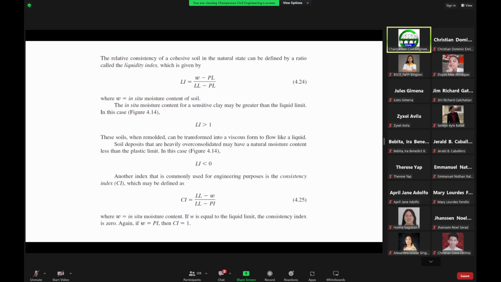of the groundwater level. Again, you will be discussing groundwater levels in hydrology. In geotechnical investigation, it is very important that we have accurate measurements of the groundwater level.